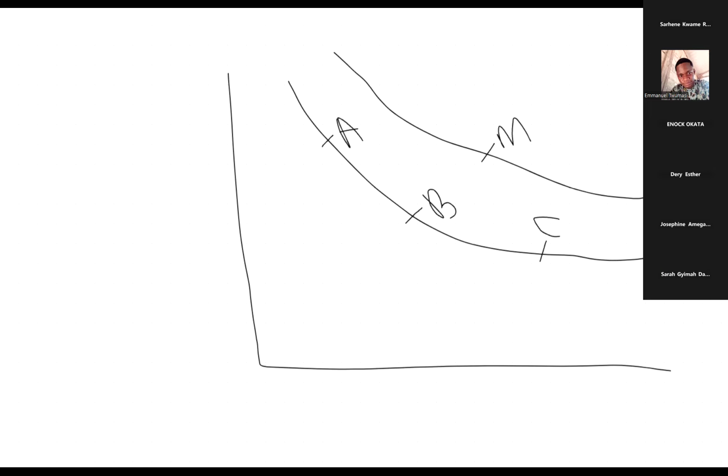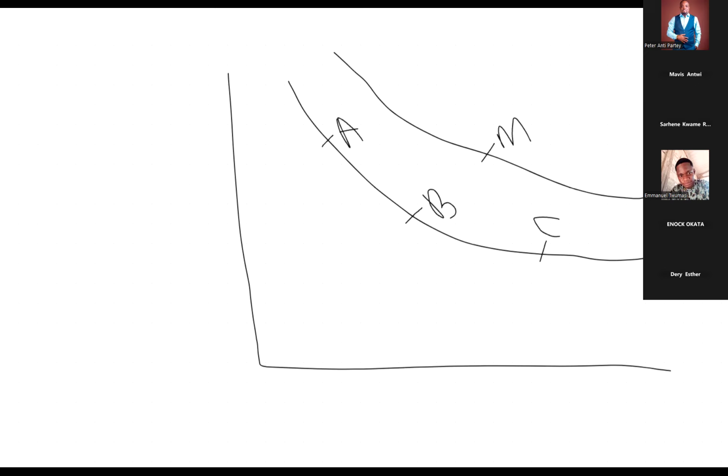All right, let's continue. So I said I was going to demonstrate it on the board, and the board is not coming. All right, so I will answer those questions on transitivity and diminishing marginal utility using an indifference curve.